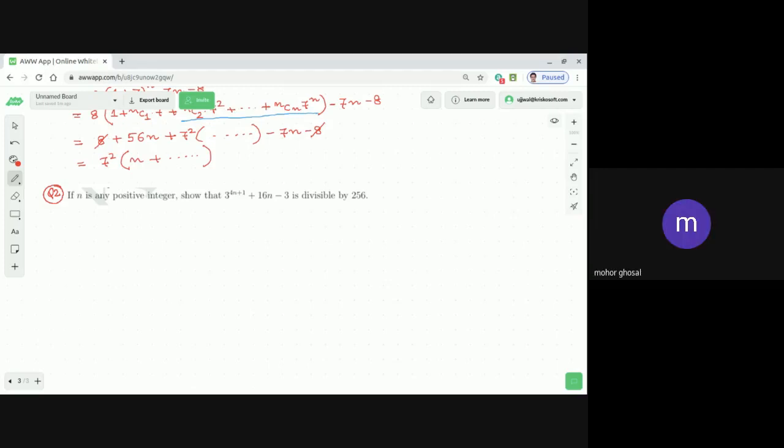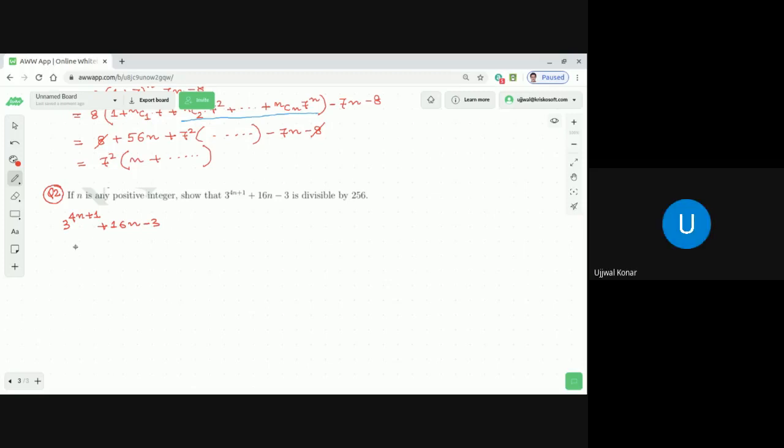Okay. So how should you express it? Already 16n is there, one term, the middle term, right? Now, dear students, how are you going to proceed? Let me write the entire expression here: 3 to the power 4n plus 1 plus 16 into n minus 3, correct?